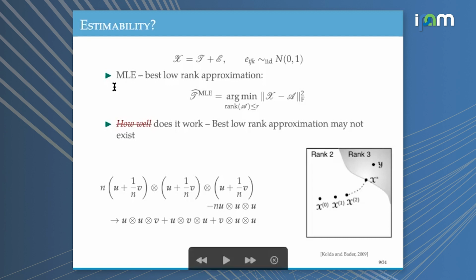This is what we would call the maximum likelihood estimate. The basic idea is as follows. Because I'm assuming the errors are Gaussian, standard normal, if you look at the ijk entry of X, it's going to be a normal random variable with mean T_ijk and variance 1. And all of them are independent. So we write down the joint density function of it.